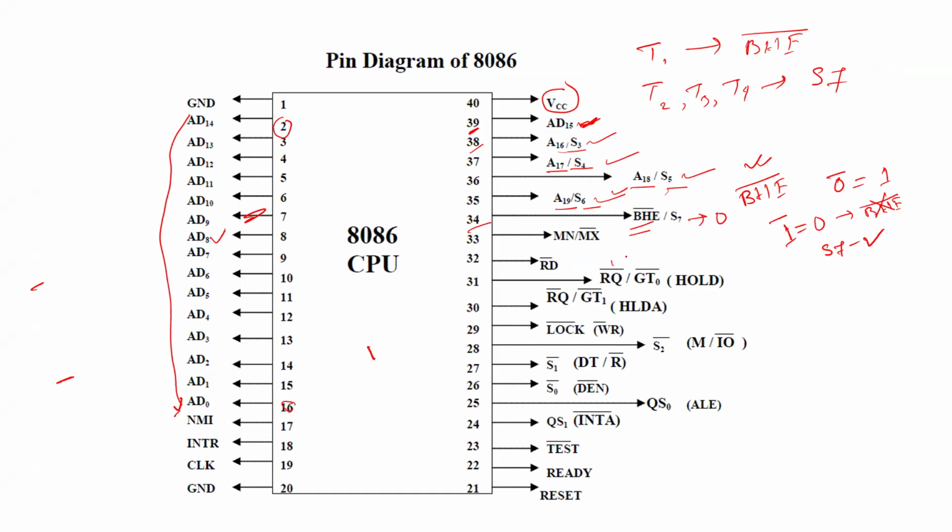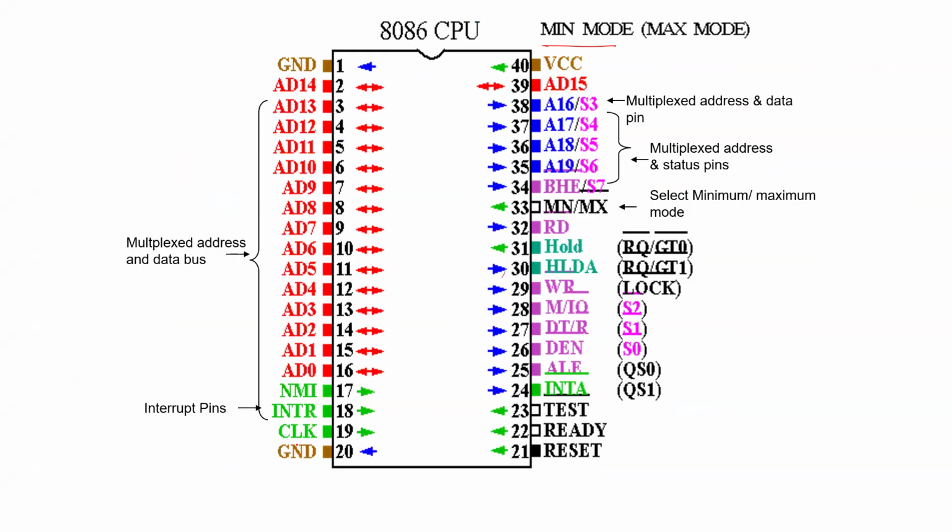There are two types of work in the 8086 microprocessor. Simply, some work will be done in minimum mode and some work will be done in maximum mode. The names in the brackets, that type of work we do in maximum mode.